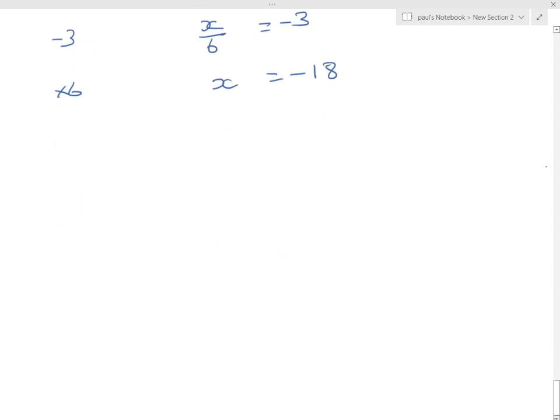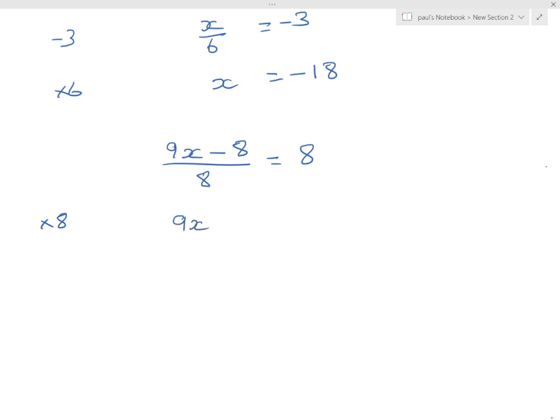Let's see what else we have there. 9x minus 8 over 8 equals 8. Now the dividing line goes under everything here, so we're going to multiply by 8 first.